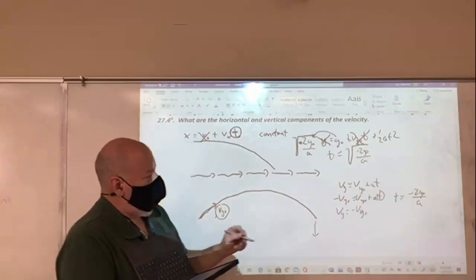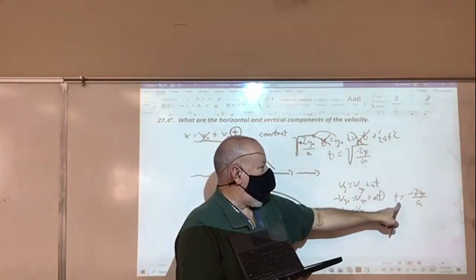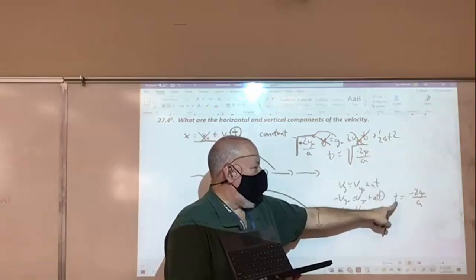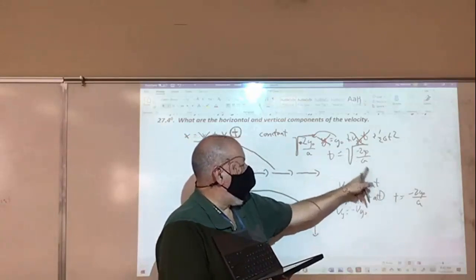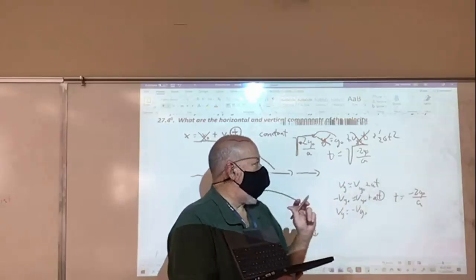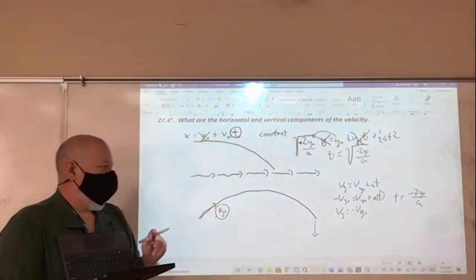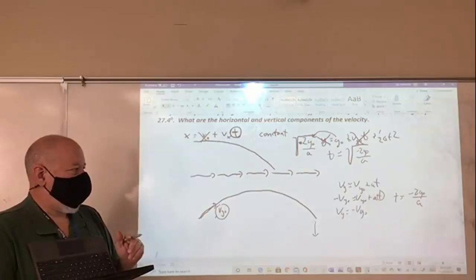And notice the only difference between finding time that way and finding time this way is that during an angled launch, it's the same formula, except I don't have to take the square root of it.